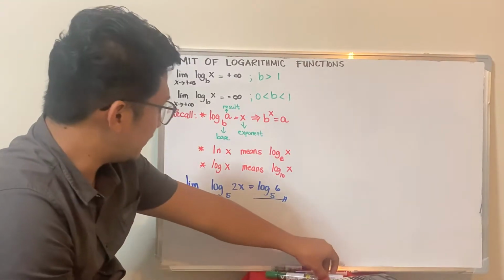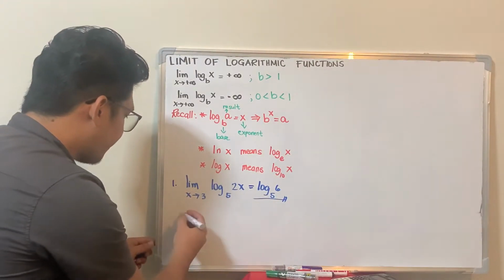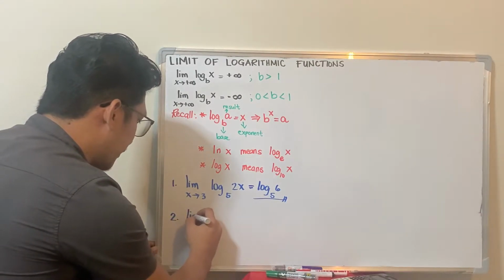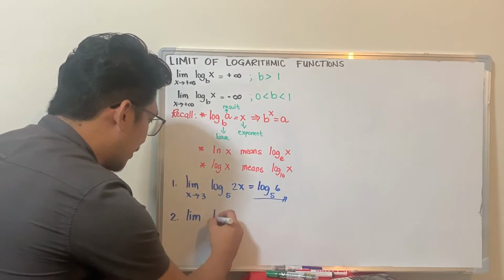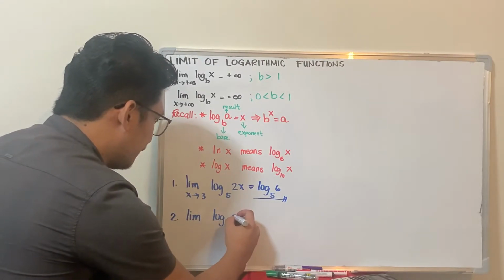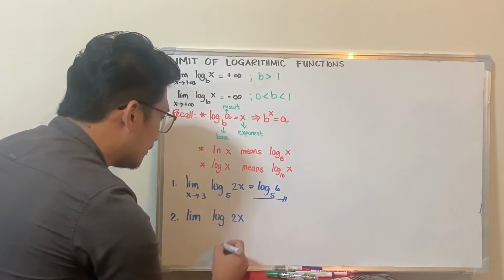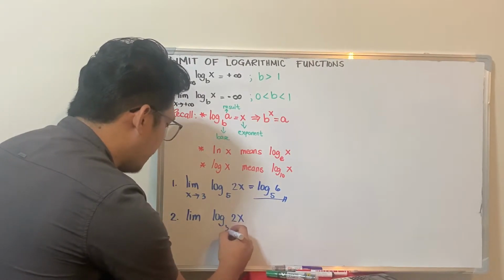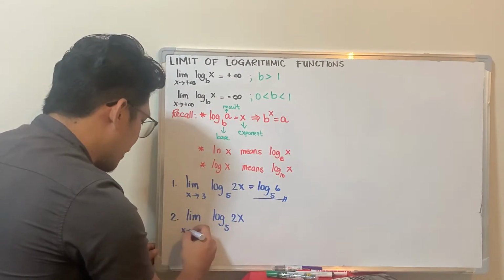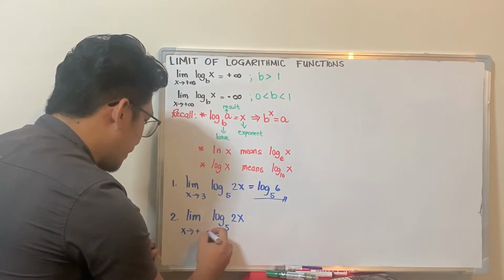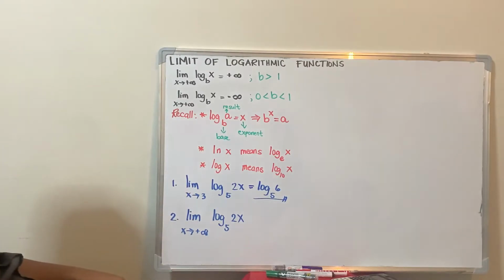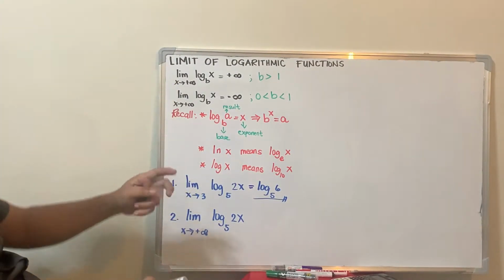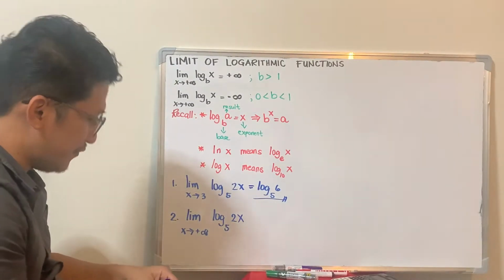Okay? So next, number 2, another example. If we say the limit of the logarithm of 2x, again 2x, with the base 5, as x approaches positive infinity. Okay. In this case, you can refer here, or you can do manual solving.